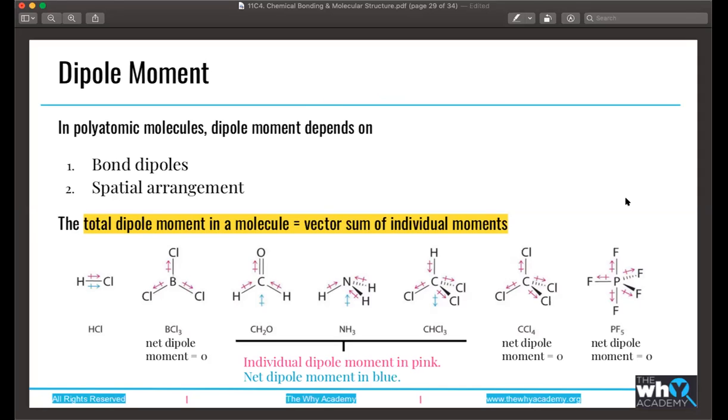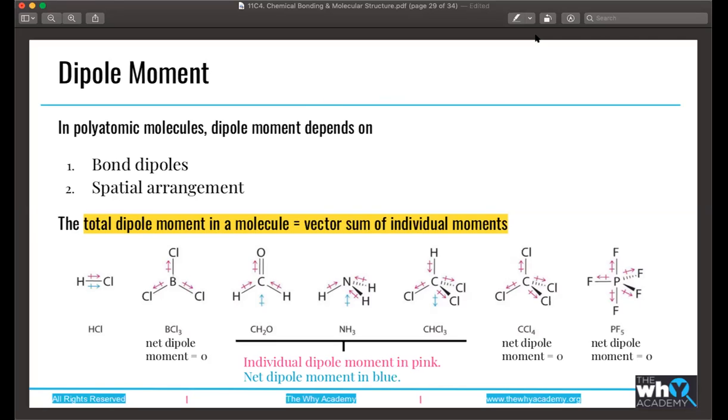And polarity is important because, in short, if we didn't have the polarity of water, life would not exist. Because water is a polar molecule, other polar substances can dissolve in water even though water is covalent, and you have the dipole-dipole interactions which help in the solubility of a substance.